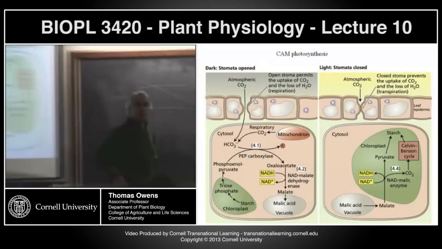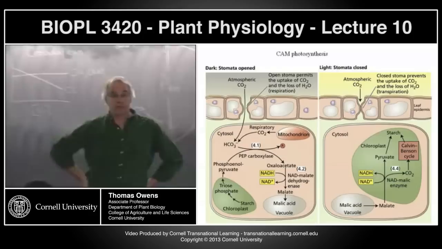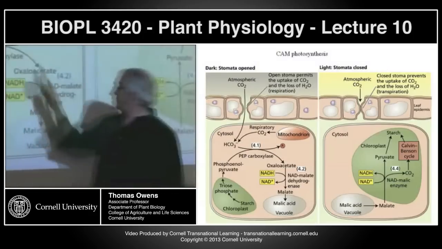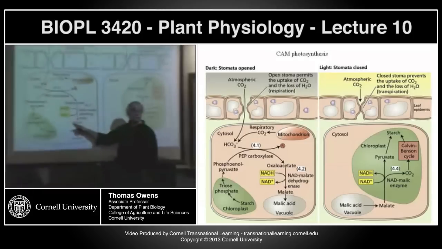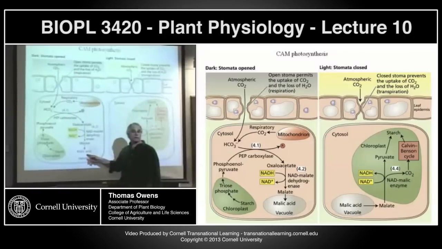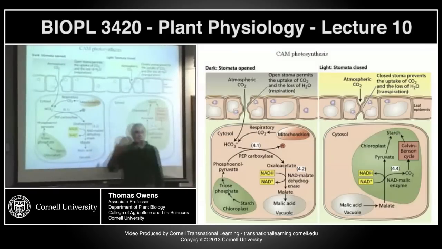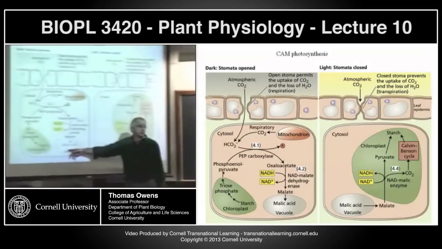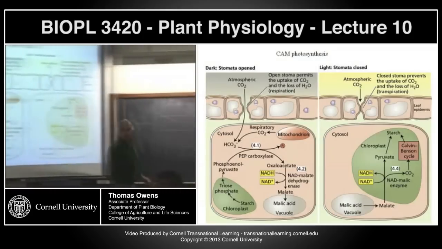And using the same enzyme that C4 plants use, PEP carboxylase, that CO2 is fixed into acids that then are stored in the vacuole. So the fact that these plants taste acidic at night is because these vacuoles are chock full of typically malic acid.